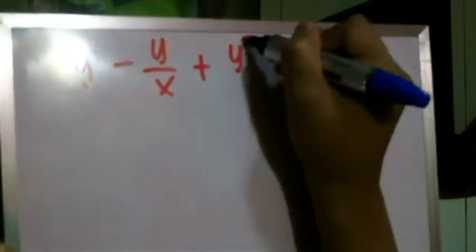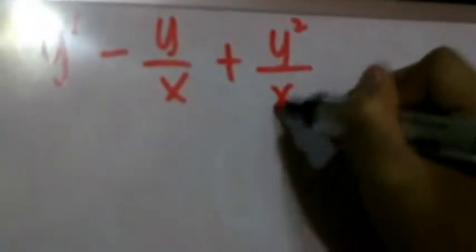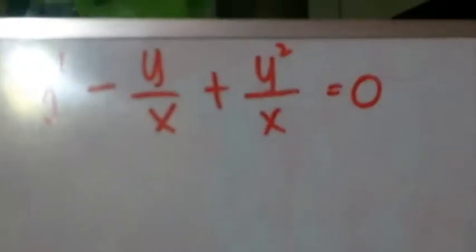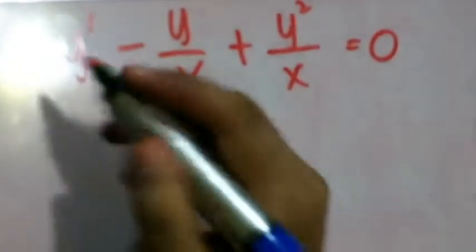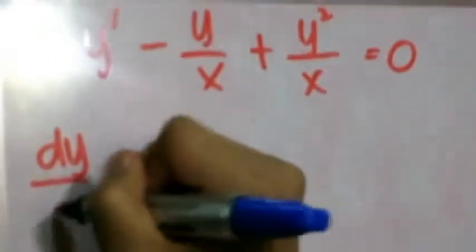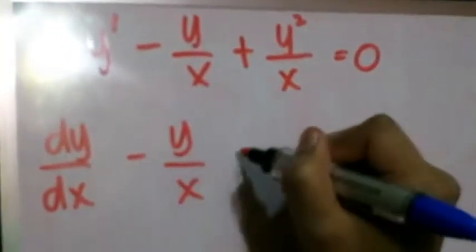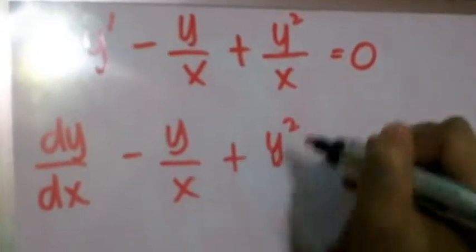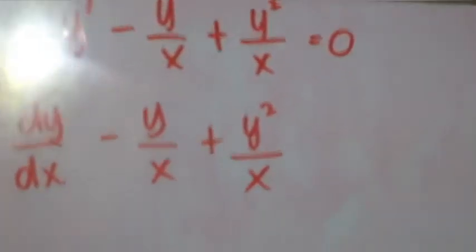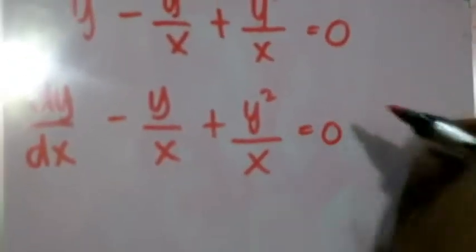Our equation is y prime minus y over x plus y squared over x equals 0. Transforming y prime to dy over dx, we have dy over dx minus y over x plus y squared over x equals 0.